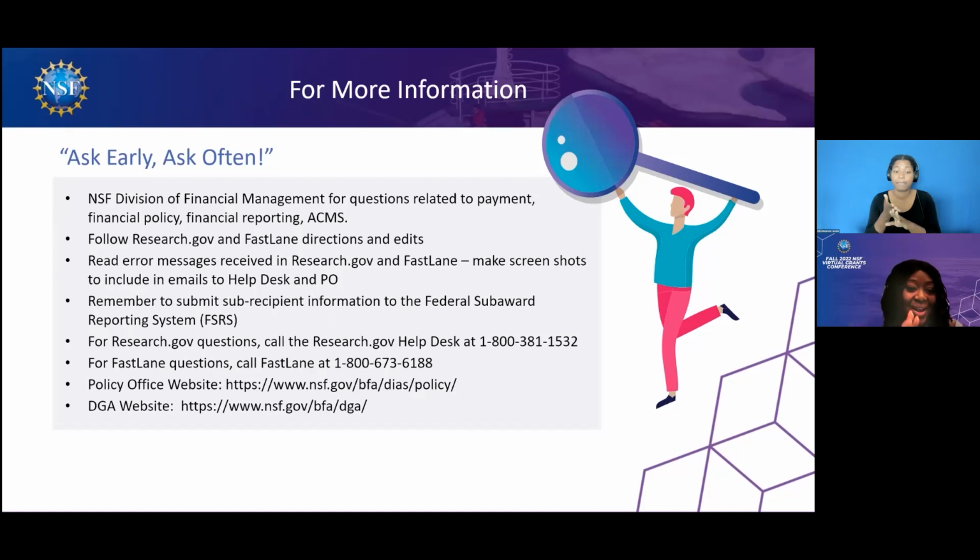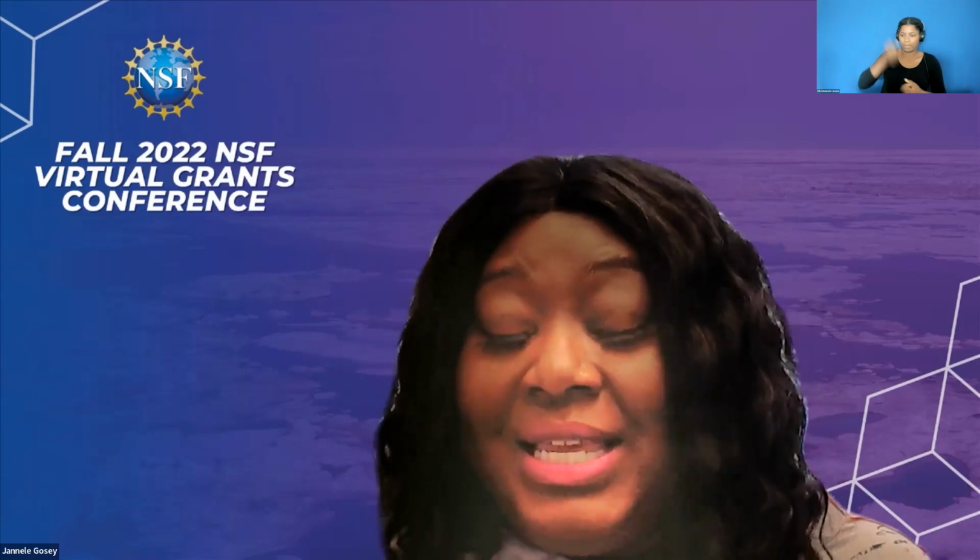Okay, so before I give you more information, I want to speak from my heart. So, as I said earlier, the most important thing in this awards process is having effective communication between everyone. That's the most important part of this process. So at the end of presentations and seminars, I like to speak on what I consider the 3 C's for success.